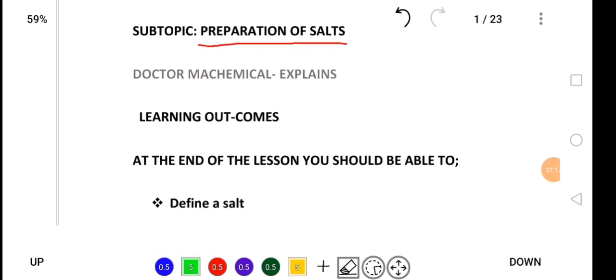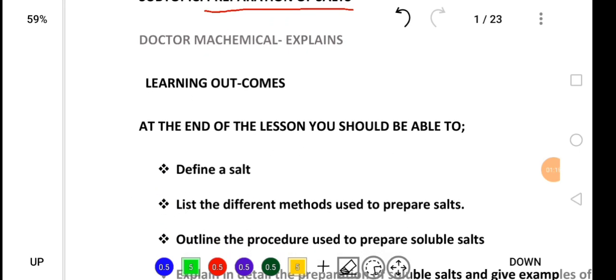Now, I expect you at the end of the lesson to be able to define a salt. It will be just a recap where I will request you to remember how a salt is defined. Another important point, you should be able to list different methods used to prepare salts.